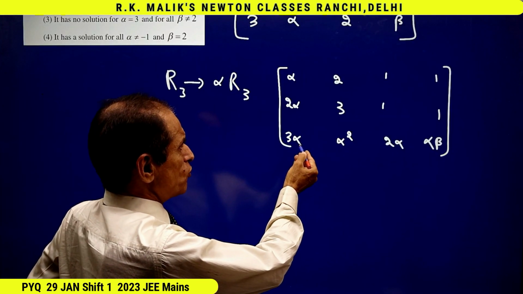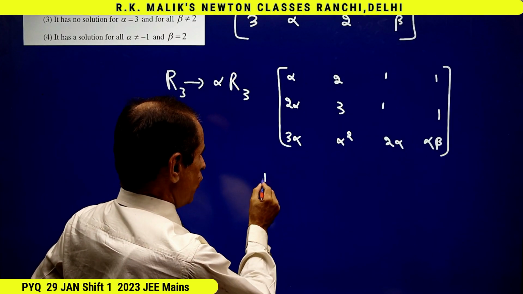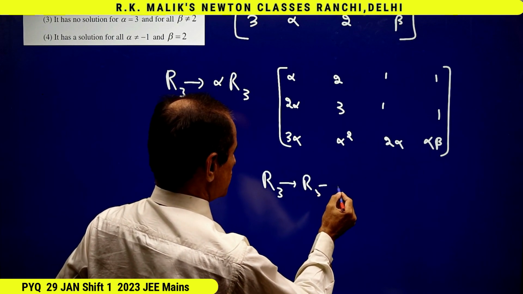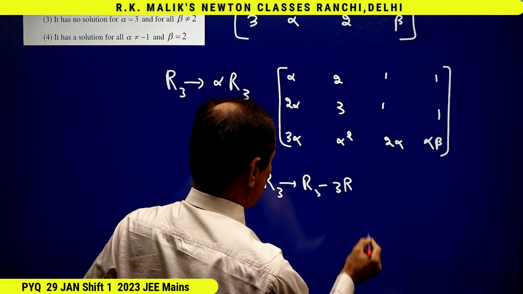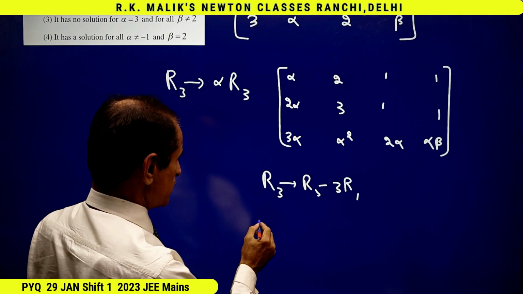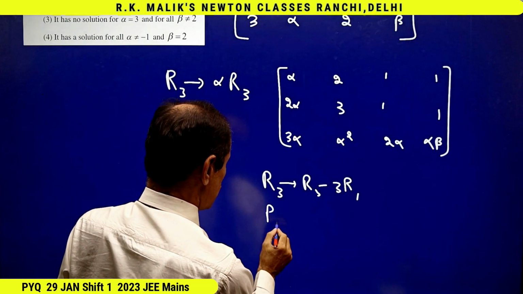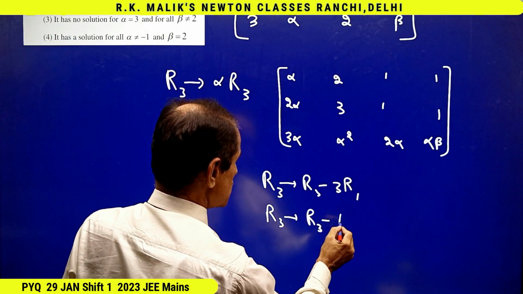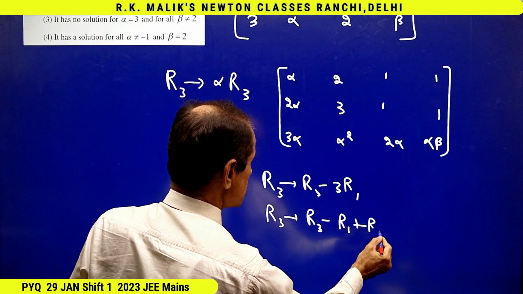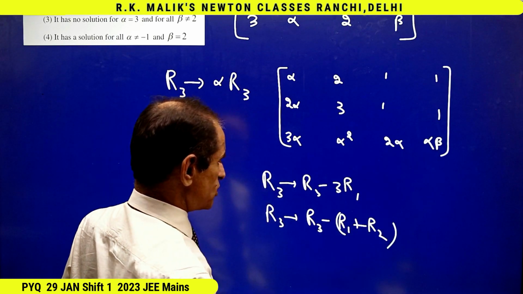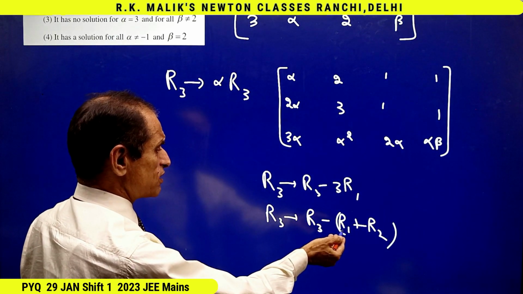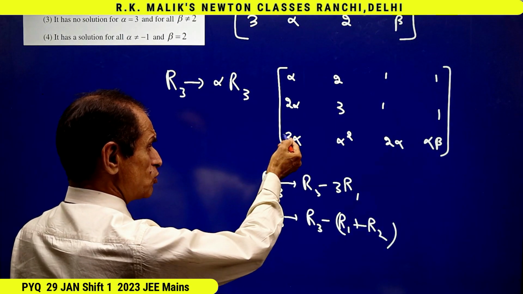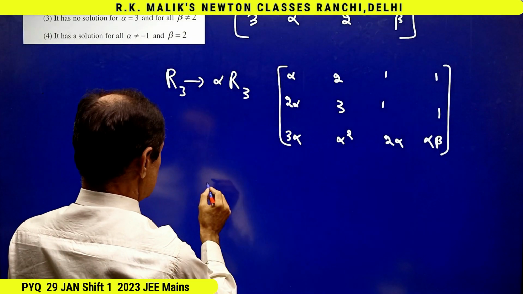I can make it 0 by using the operation R3 changes to R3 minus 3R1, or with the operation R3 changes to R3 minus R1 plus R2. I find it slightly better, therefore I am going to use this operation.